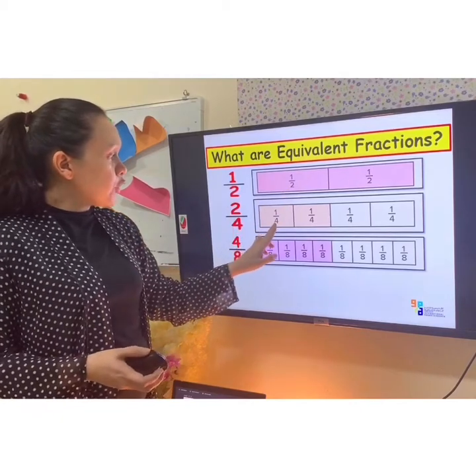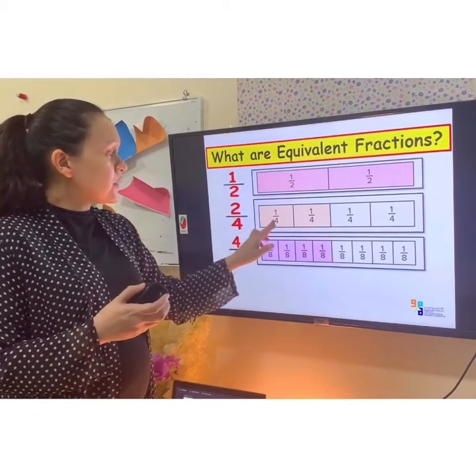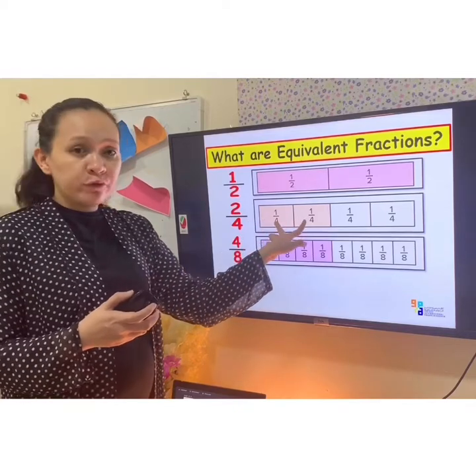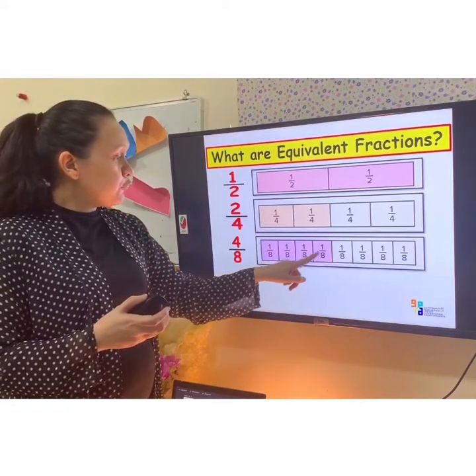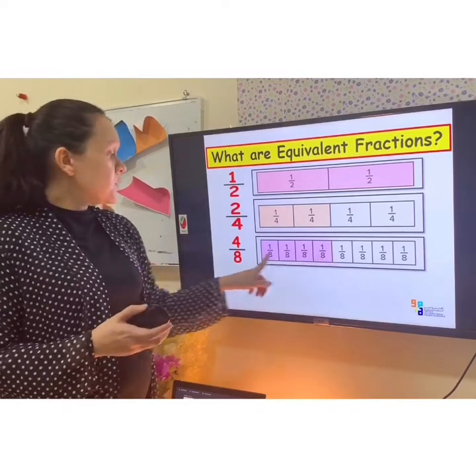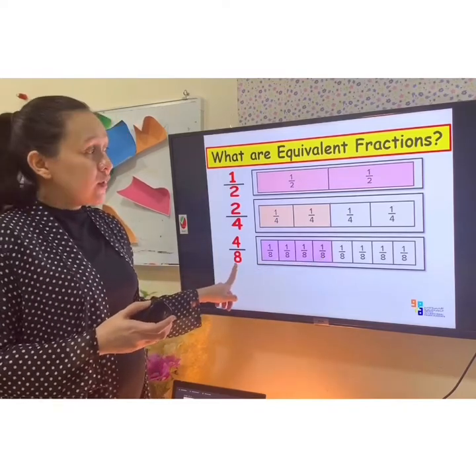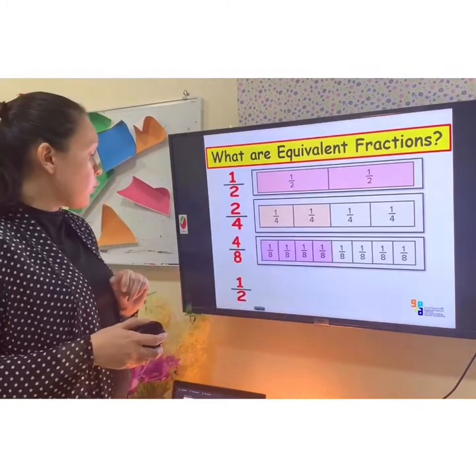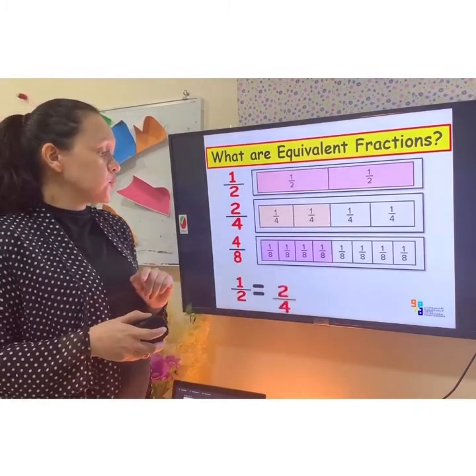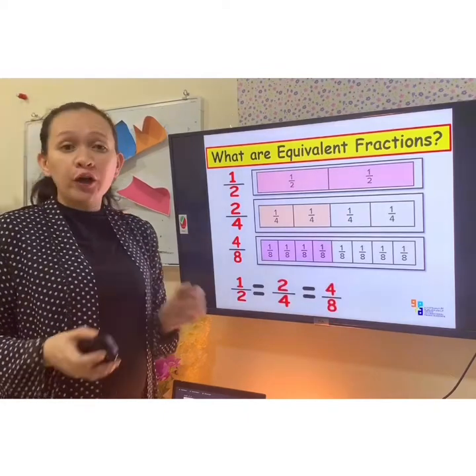This is 1/4, but we need 2, so that's why we have 2/4. Here, 4/8. We have 1, 2, 3, 4 out of 8. So that's why it is 4/8. So again, they have the same shaded parts. So that's why 1/2 is equivalent to 2/4 and 4/8.